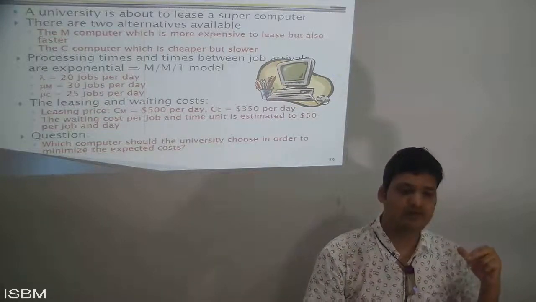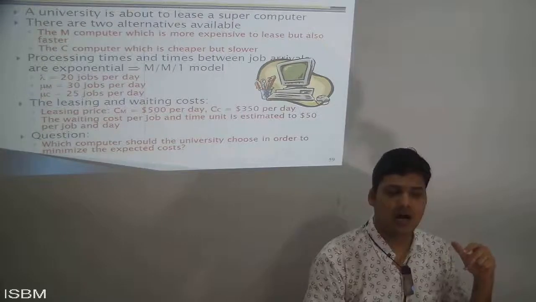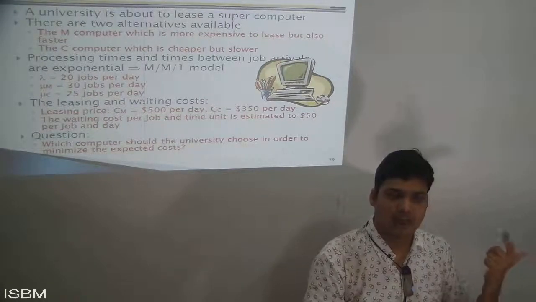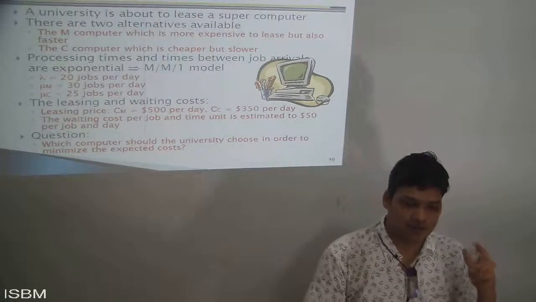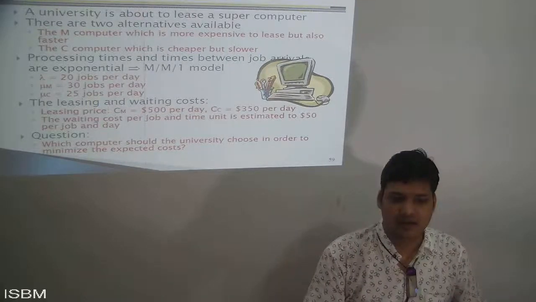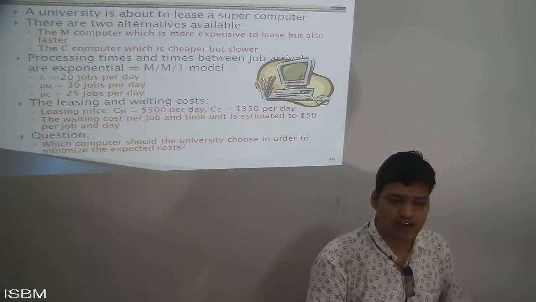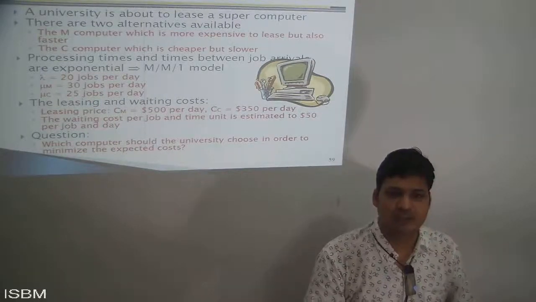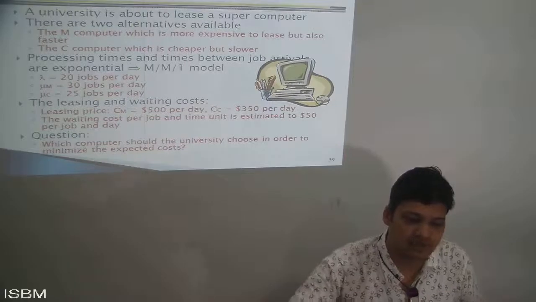Processing times and times between job arrivals are exponential, so it is an M/M/1 model. Lambda is equal to 20 jobs per day, mu M is equal to 30 jobs per day, and mu C is equal to 25 jobs per day.